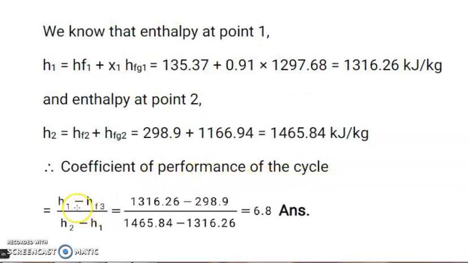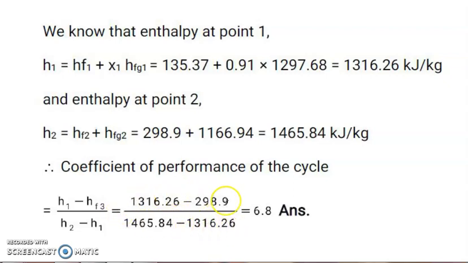So first our aim is to calculate the COP of the cycle. The COP of the cycle is the refrigerating effect by work done. The refrigerating effect is H1 minus H4, we can write H1 minus HF3, by the work done, that is H2 minus H1. H1 you just calculated, that is 1316.26 minus HF3, 298.9, by H2 minus H1, H2 you calculated 1465.84 minus H1, 1316.26.